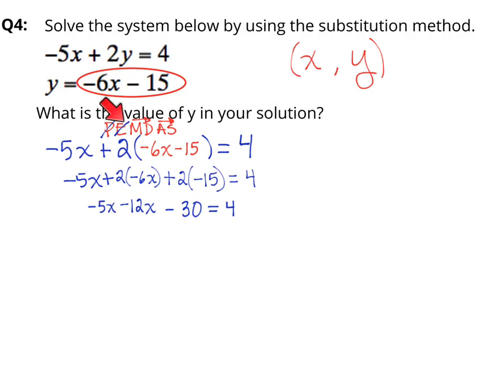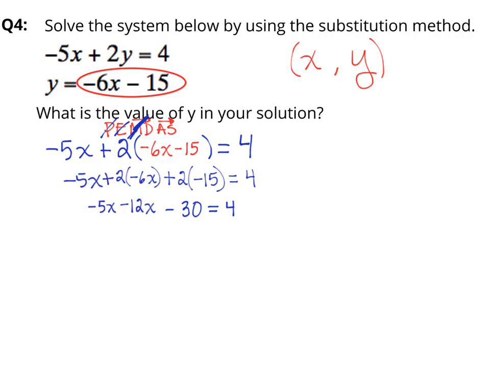Now I go back to my order of operations. Any more multiplication or division? Well, let's check. Nope. So we're done with multiplication and division. And now we have addition, subtraction. Well, let's see. That's negative 5x minus 12x. Yeah, we got subtraction right here.